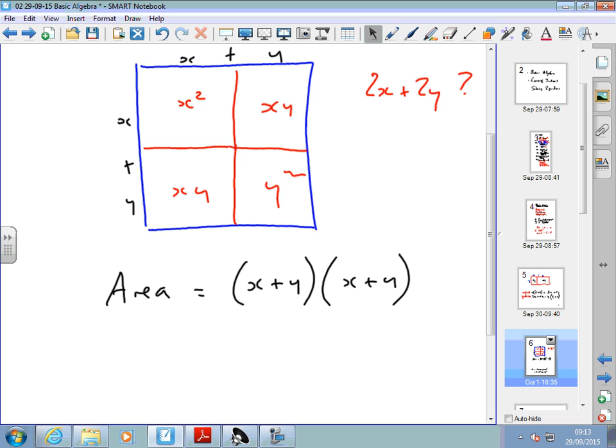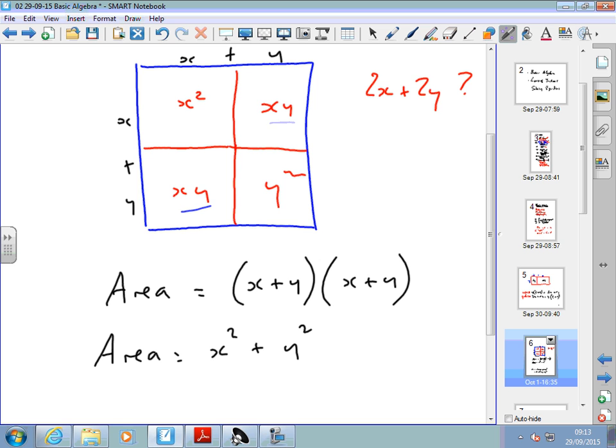So I can write the area equals this. Add them all together. X squared plus y squared. That's these two. X squared plus y squared. But xy plus another xy. So how can I simplify that?